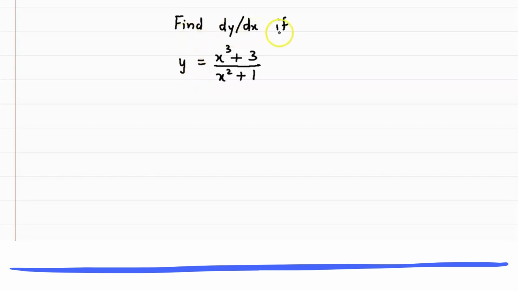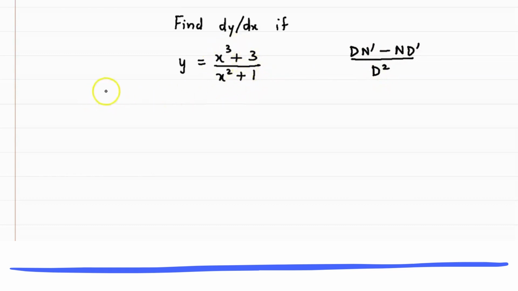Find dy by dx if y is equal to x cube plus 3 upon x square plus 1. Now the derivative could be obtained by applying the quotient rule over here. And the quotient rule is denominator into derivative of numerator minus numerator into derivative of denominator upon denominator square.